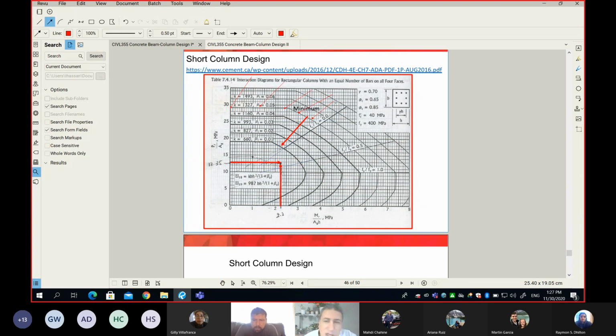The first point where you will start seeing some tension on one side of your concrete is this point here, which is Fs over F yield equal to 0. From this point on, the force will go outside your middle third, and all these points have some tension, but it's not really F yield.